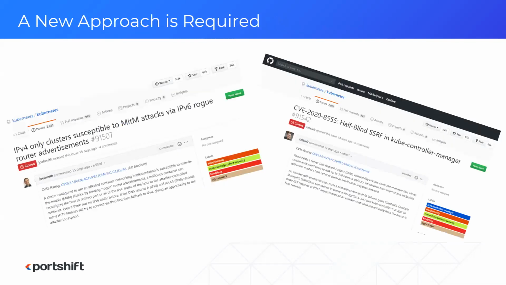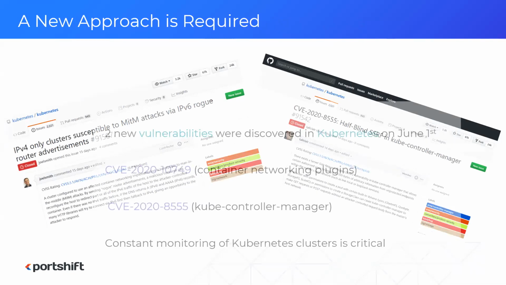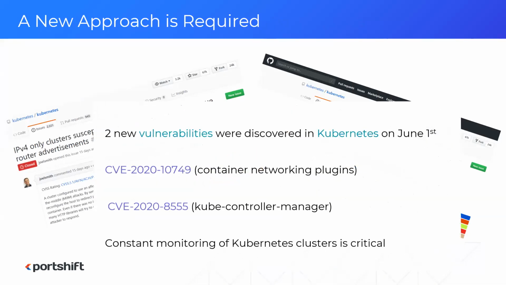So just to strengthen the last sentence, these are two CVEs that were just released and discovered on June 1st. These two are actually in the Kubernetes core system. So constantly monitoring Kubernetes clusters is critical.